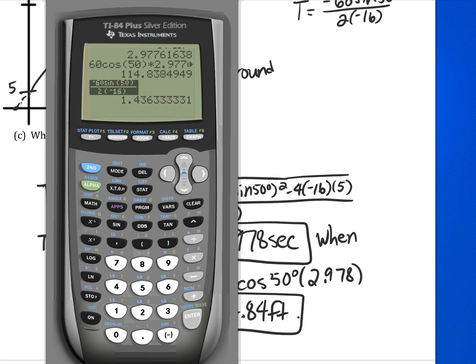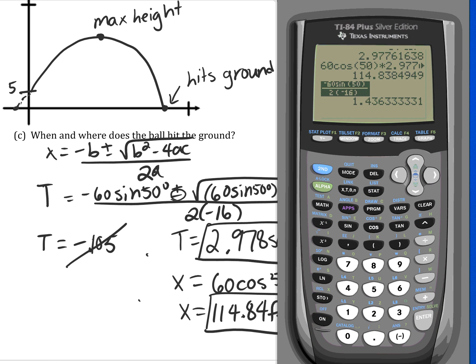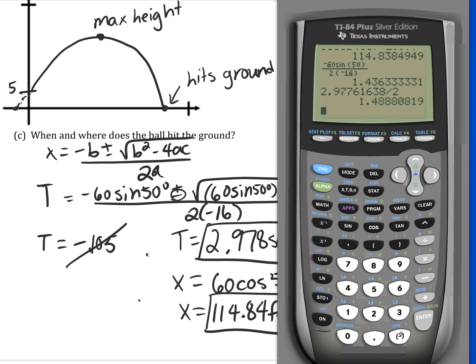I apologize, this keeps jumping out of my window. If I do go up here to scroll up top and grab this, divide by 2, notice there's a slight difference there. It's not huge, but it will make a bigger difference if you were to plug those things back in. So if I'm looking for the maximum height, using that negative b over 2a is important, and I would just recommend doing it for every single example.